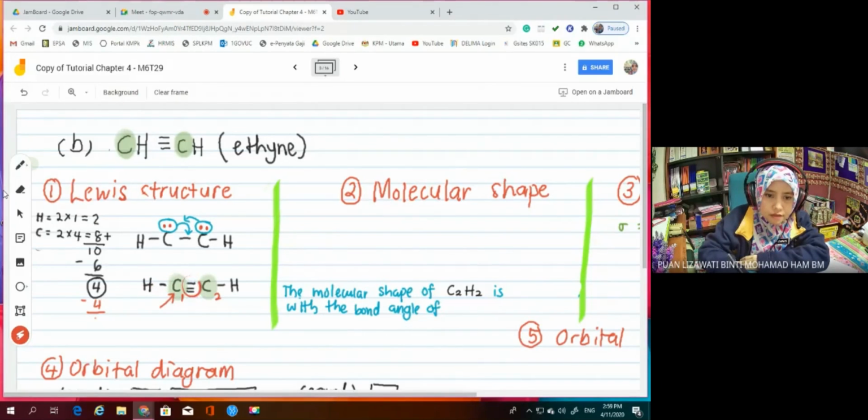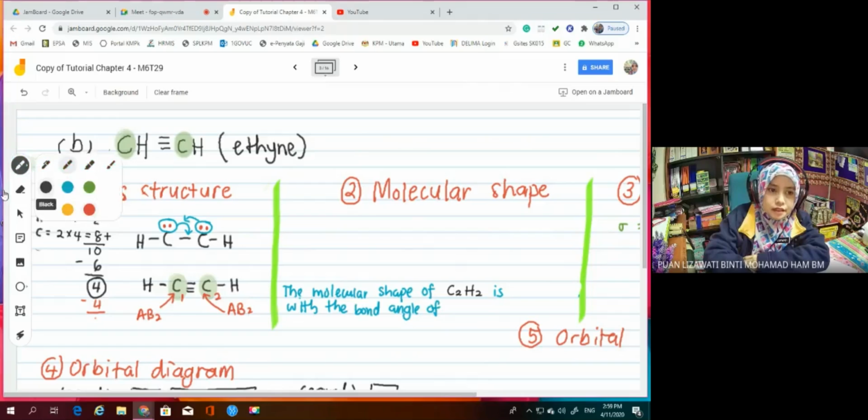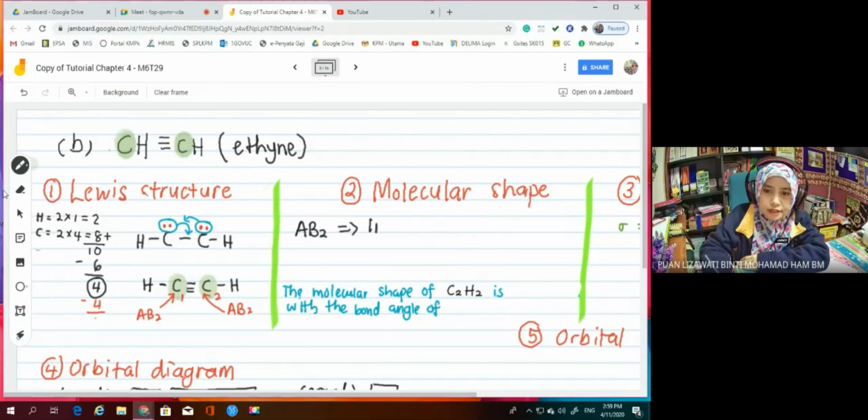Remember, the triple bond we count as one bonding pair. So one bonding pair, two bonding pairs. Same thing goes to carbon number 2. We have one bonding pair, two bonding pairs. Therefore, both center atoms have the same class of compound, which is AB2. So we can conclude that the class of compound is AB2, and the shape here is linear.